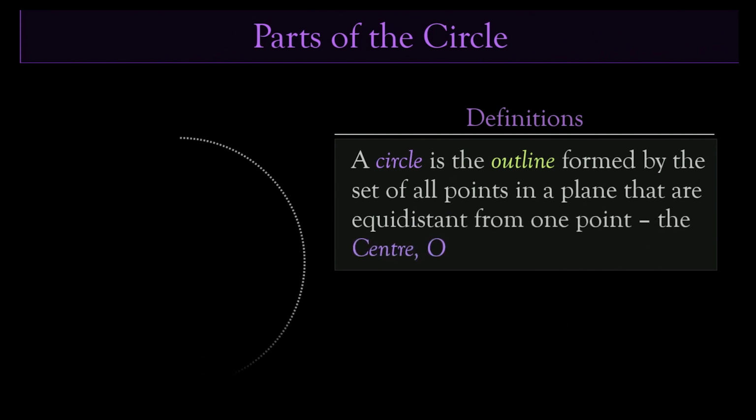So by definition then, a circle is an outline formed by a set of all the points in a plane that are equidistant from one point. That one point is called the center of the circle.